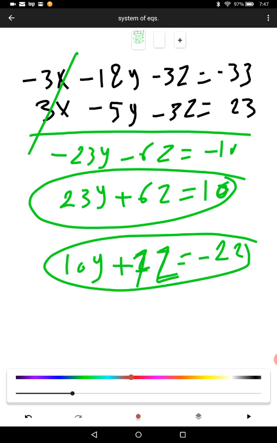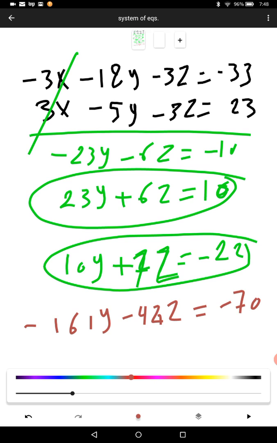If you want to cancel z, you have to multiply the first by negative 7. 23 times negative 7 is negative 161y, and negative 7 times 6 is negative 42z equals negative 70.